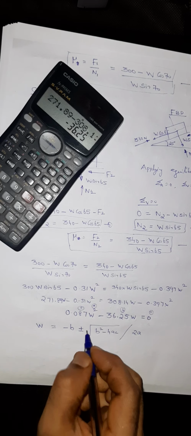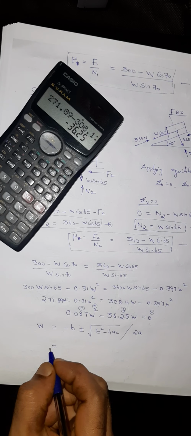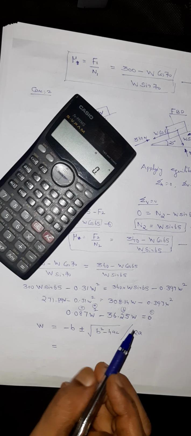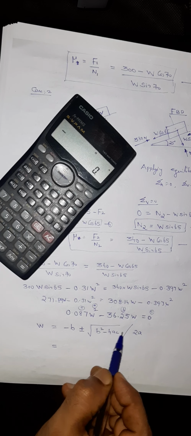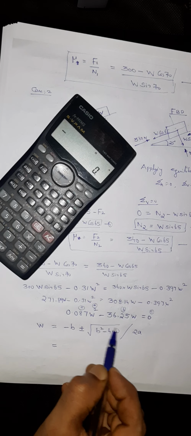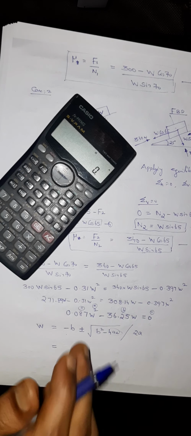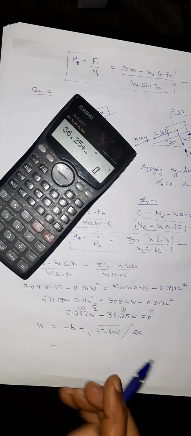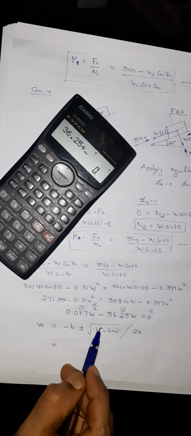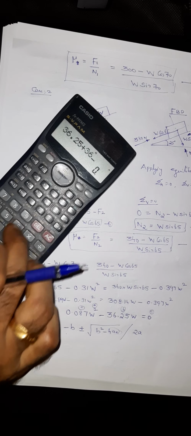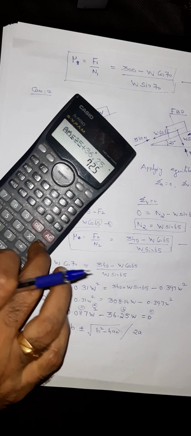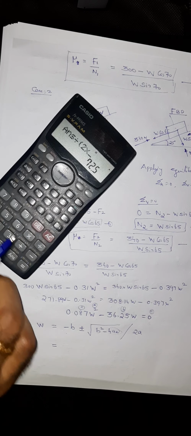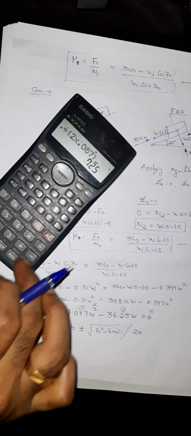This is the a value, this is the b value, and this is the c value. When you substitute all those values here, since c is 0, that term becomes 0. The b value is minus, minus, plus, so 36.25 plus 36.25, divided by 2 into the a value. 2 into a value is 0.087.